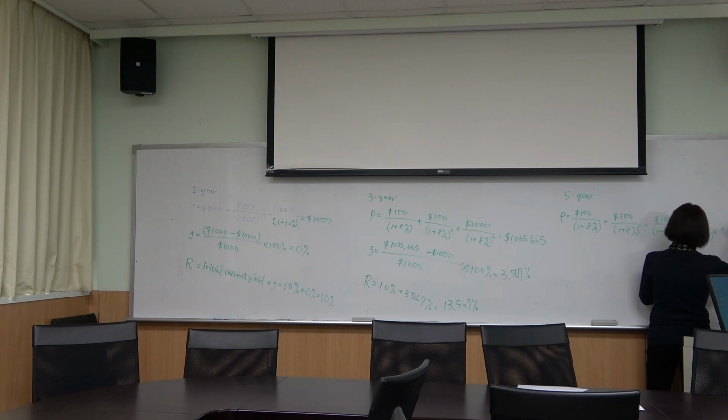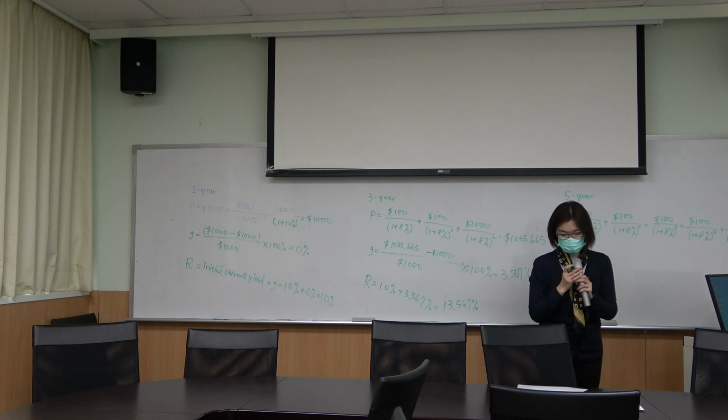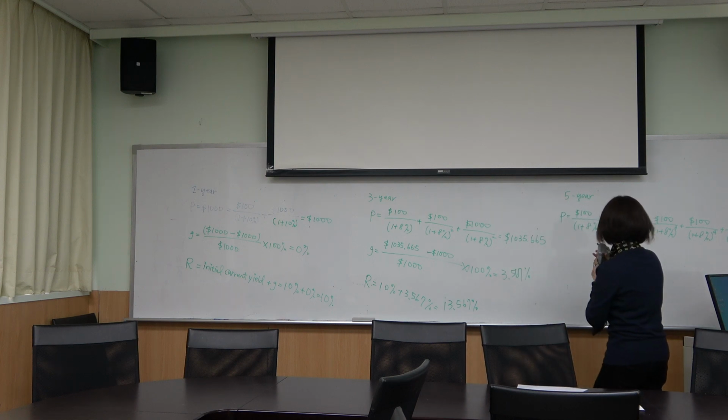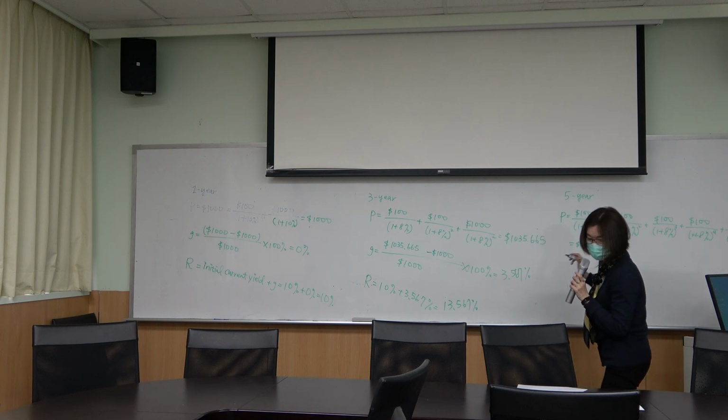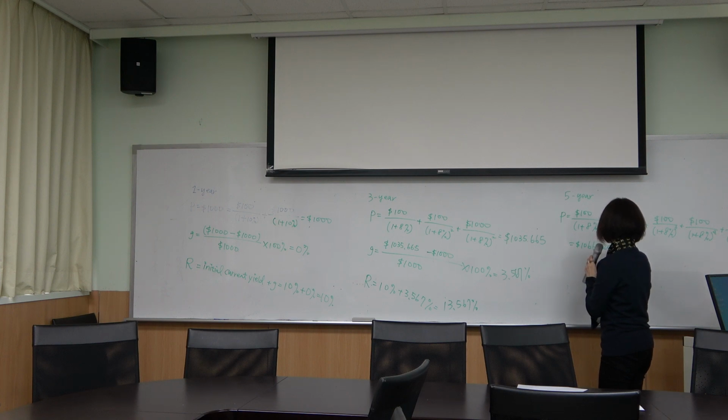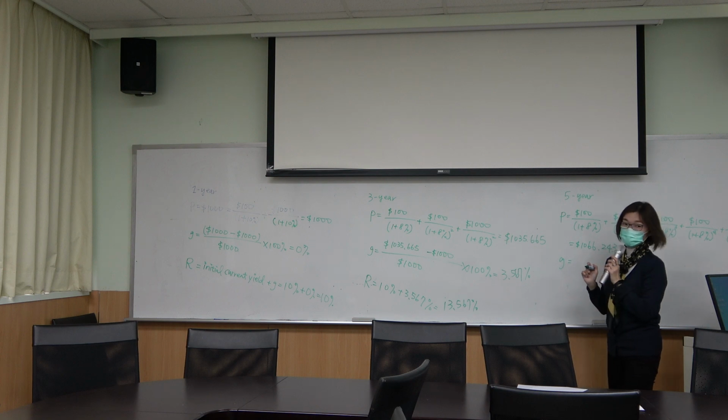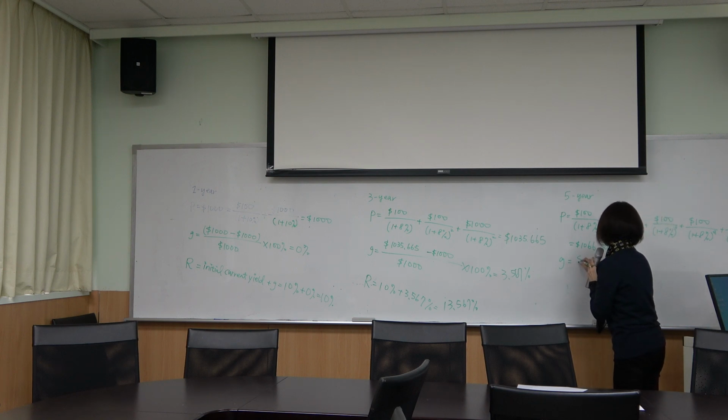And then by maturity date, we obtain the face value. We also need to use 8% to discount it. So we end up having 1,066.243.